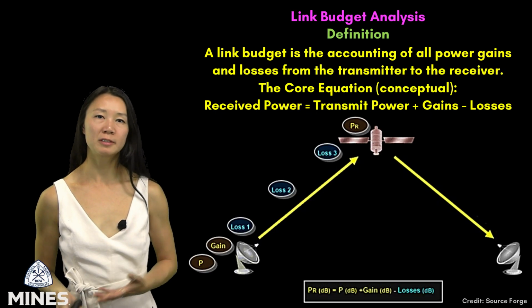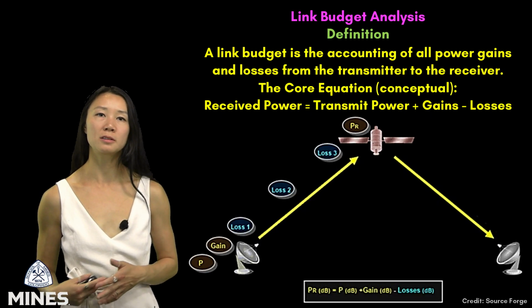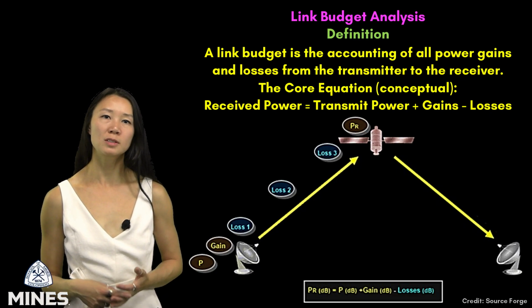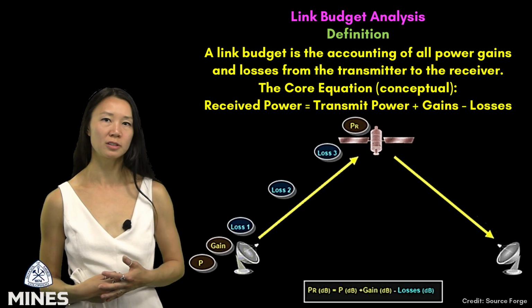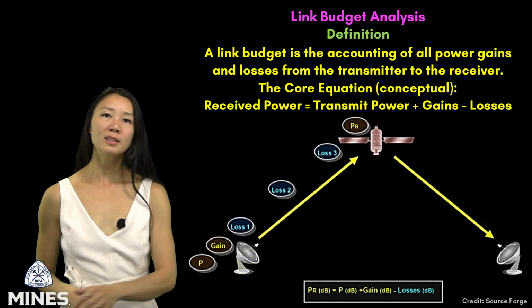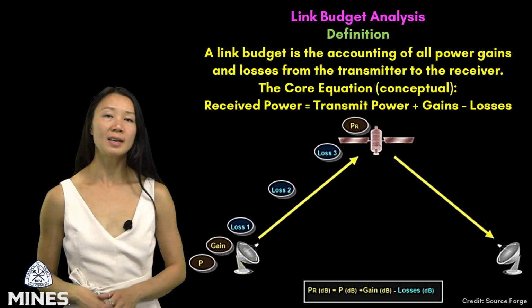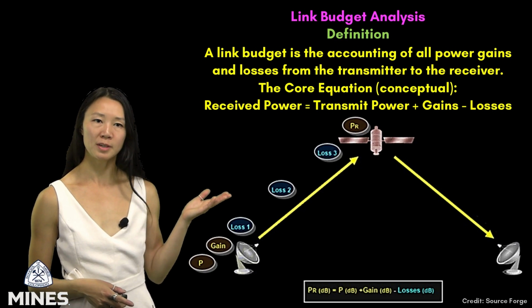After discussing different technologies that you may consider in your subsystem, a question you may have is, how do we evaluate whether those technologies will get the communication link to close? This is the most important question for a communications engineer, and is answered through something called a link budget.